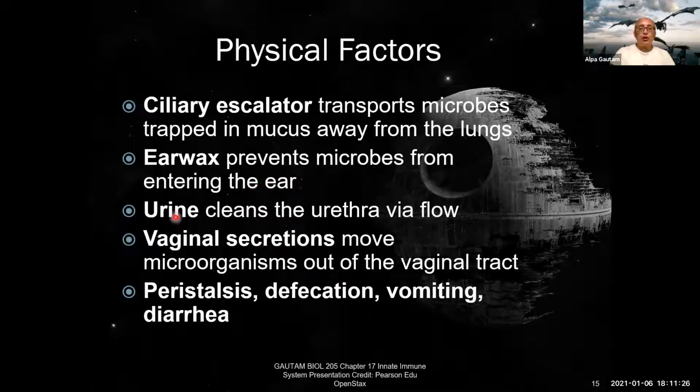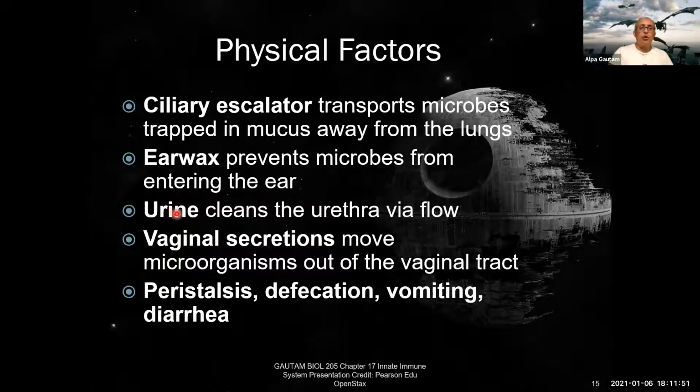Urine, of course. Yes, urine cleans the urethra, which is the tube that exits the urinary bladder and allows urine to exit the body, but that's not the function of urine.